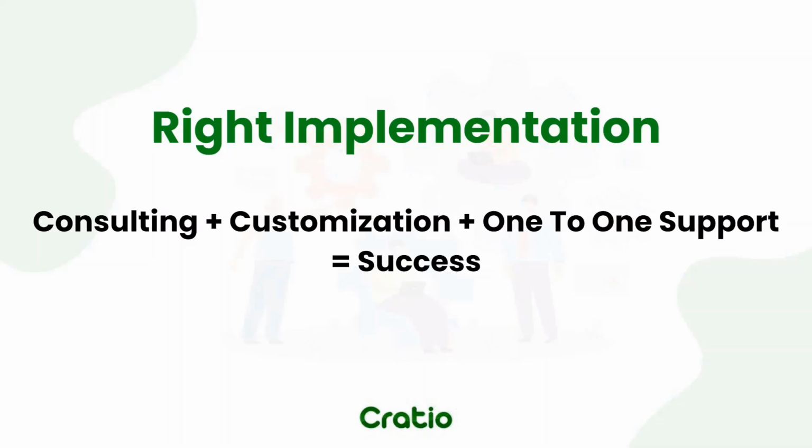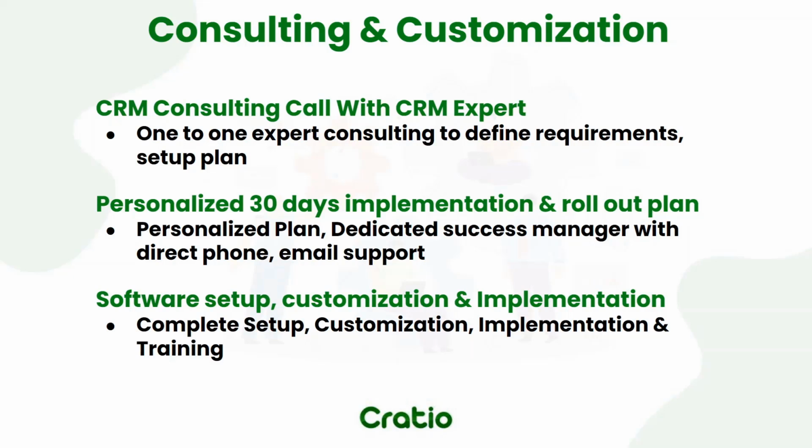So in Cratio, we have 3 pillars in this. We do consulting with customers, we do customization for your business, and we help you one-to-one in the first month to get you success. These are the 3 pillars. So it's basically a CRM consulting call, then a personalized 30-day plan we give you, then we help you set up the whole system.